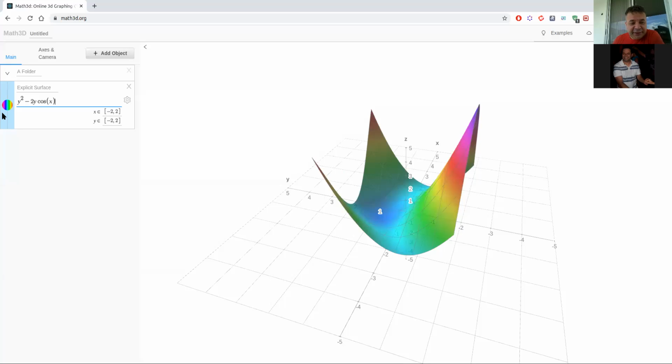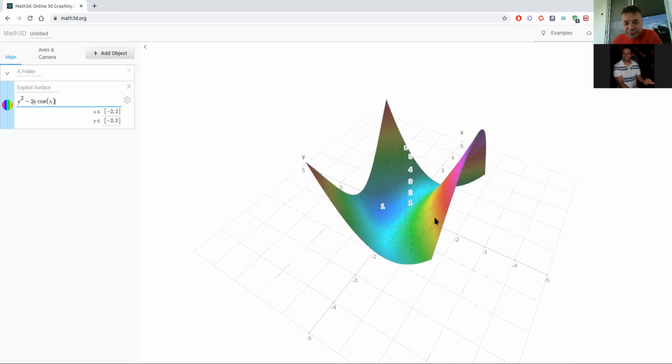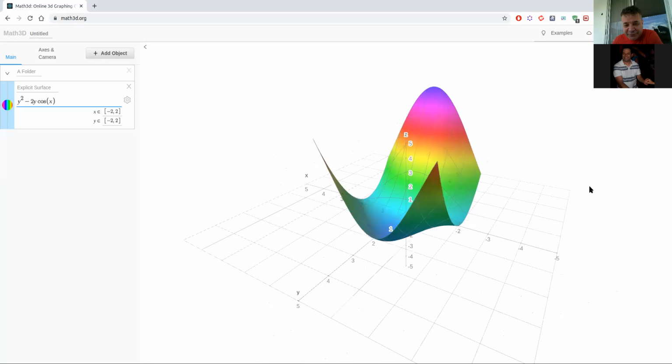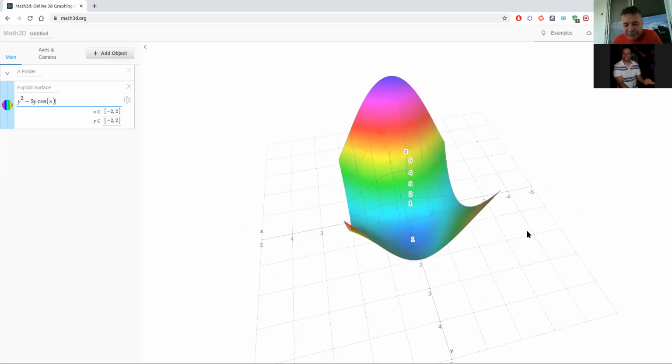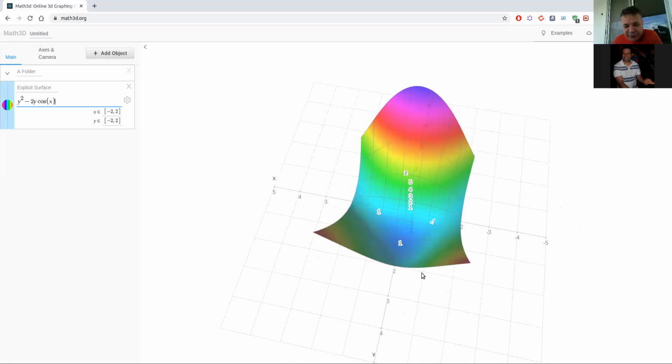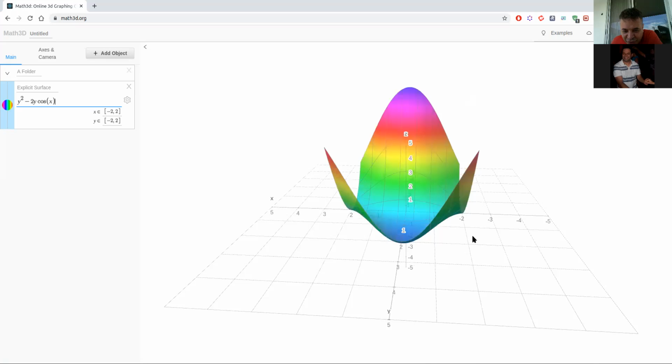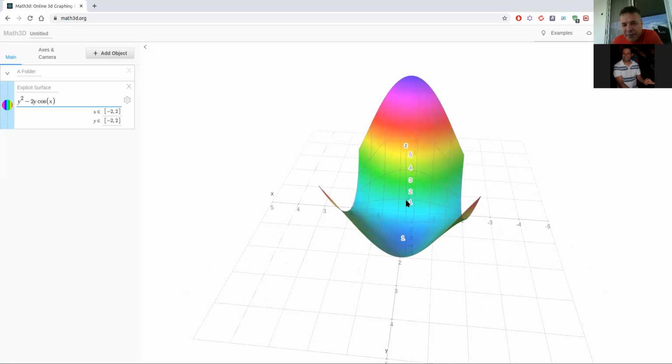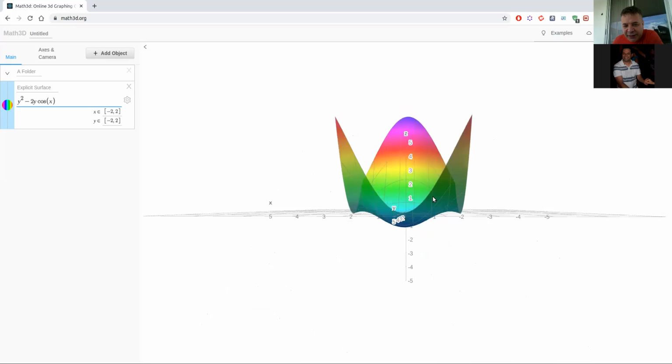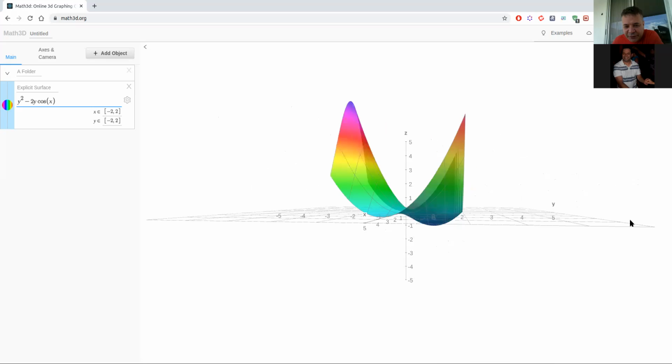So this is the graph. You can see, I want to play around with it. You can see that it's really funky looking, right? Okay, but let's see what's going on. It doesn't really have a max. It just kind of has saddles and mins. Okay, that's the idea.